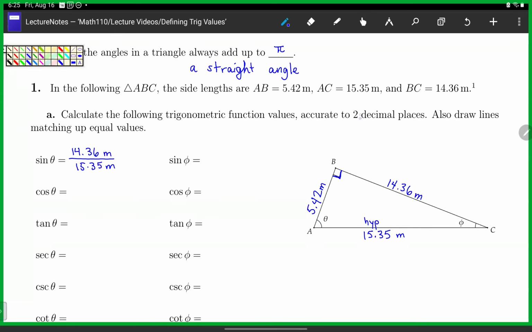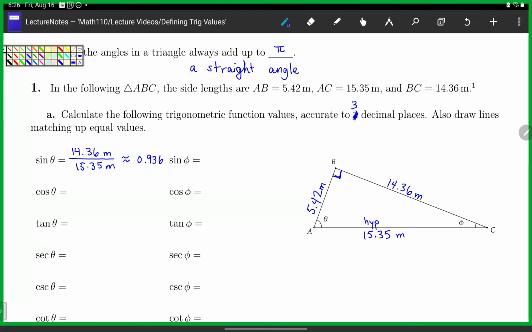And I think I decided I really wanted to change this to 3 decimal places for whatever reason. So when you divide this, I'm doing this calculation on the side, you get approximately 0.936.